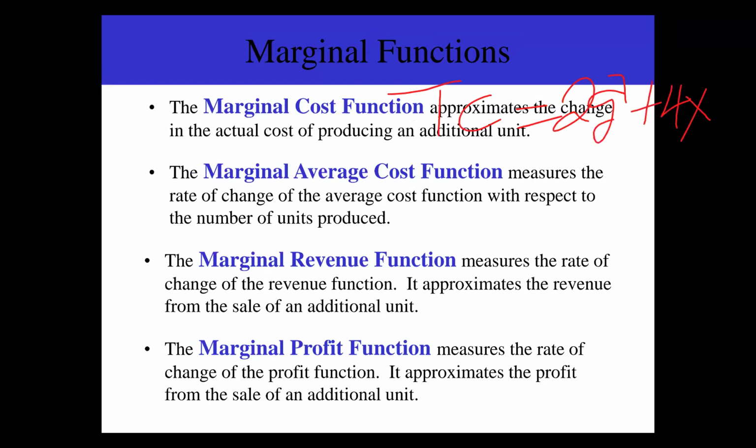This is the total cost function. The marginal cost shall be the derivative of the total cost function with respect to q. You get it, right? So it will be dTC/dQ, meaning you are differentiating the total cost function with respect to q. That is how you find it.